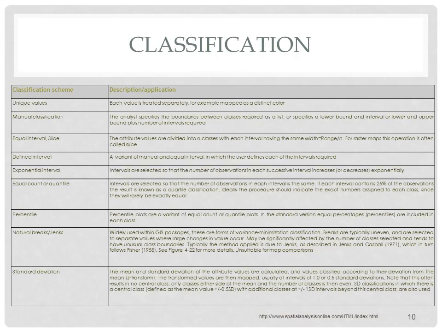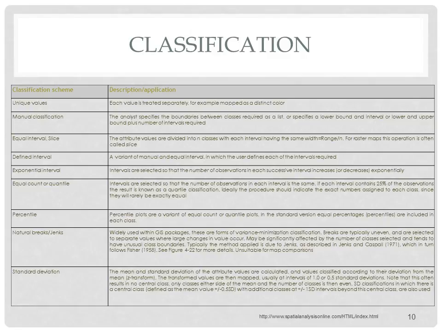Classification is another aspect of spatial analysis that's very important in terms of being able to produce especially thematic choropleth maps, and also to classify data and understand ways to represent it. So some different classification schemes include unique values, where each value is treated separately, for example mapped as a distinct color.